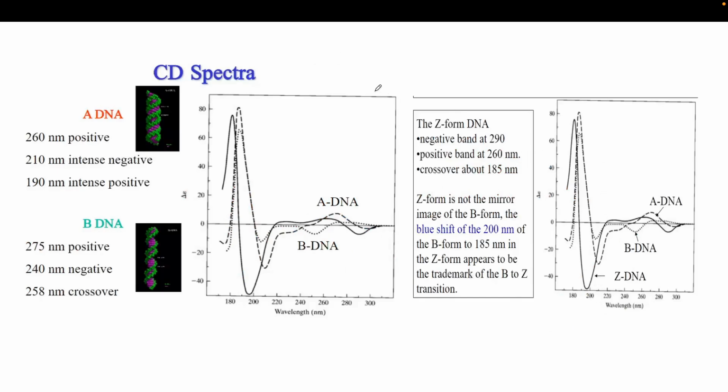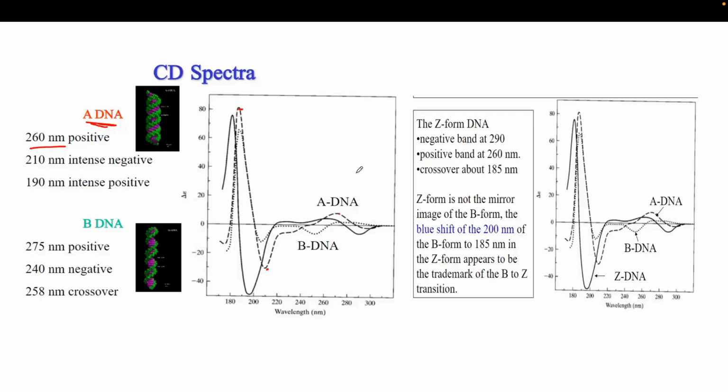Then here you can find different types of CD spectra. You have to remember, if your sample contains A-DNA, the characteristic feature of the A-DNA spectrum is a positive peak at 260 nanometers, a negative peak at 210 nanometers, and again a positive peak at 190 nanometers.